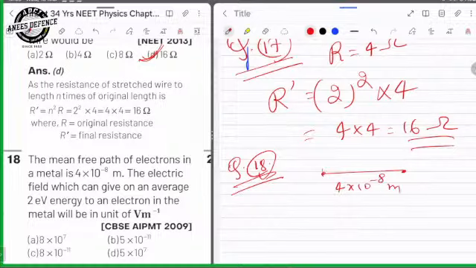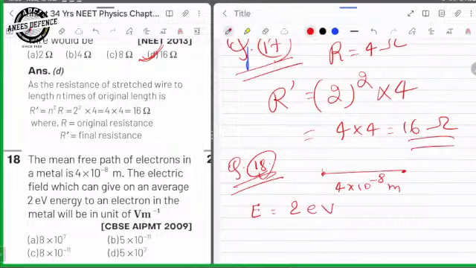The electric field which can give on an average 2 electron volt energy. Energy is given: 2 electron volt.